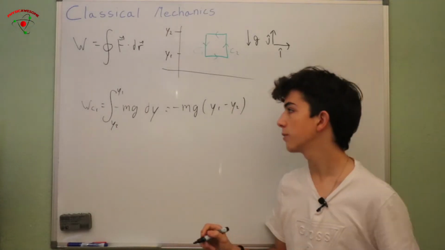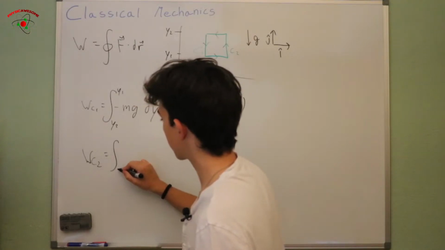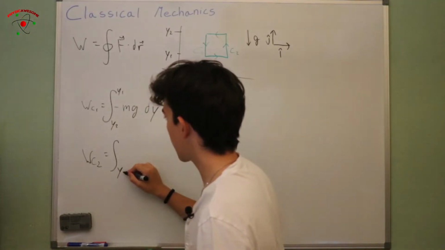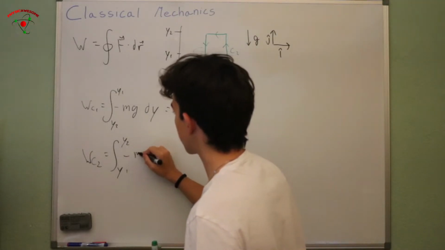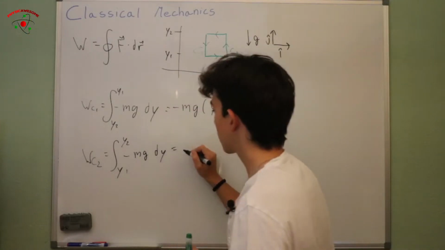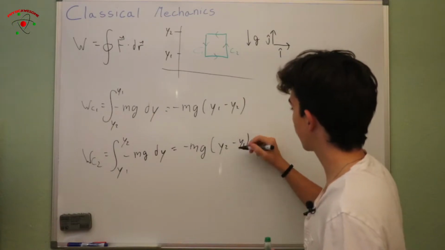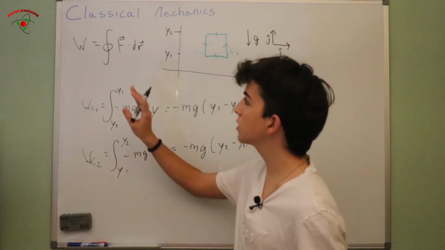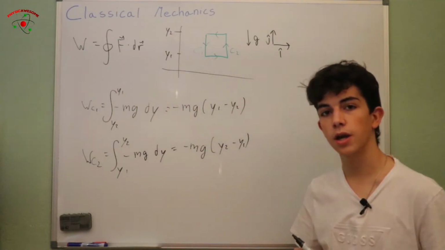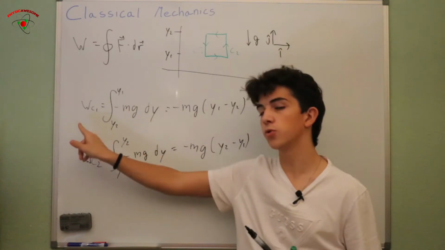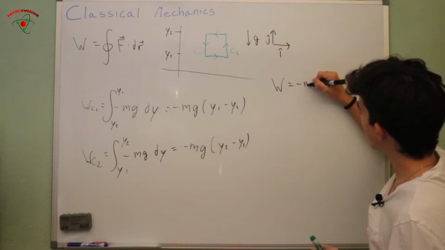If we do a similar analysis for the work on C2, we're going to have that this is y from y1 to y2 of minus mg dy, which is minus mg times (y2 minus y1). Now, if we try to find the total work, which as this is an integral is not going to be any other thing than the sum of these two works, we will have that total work equals minus mg.